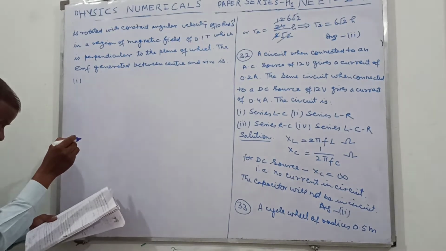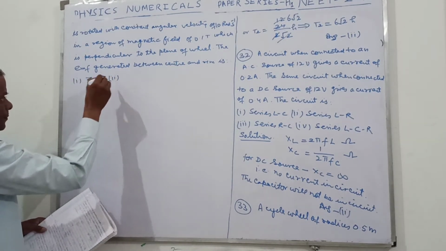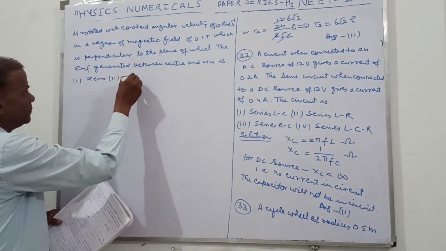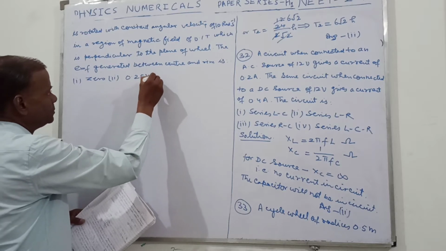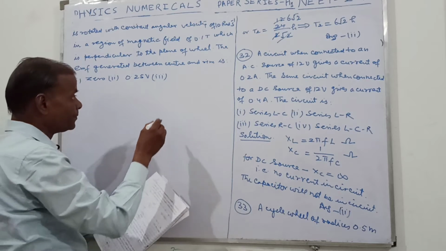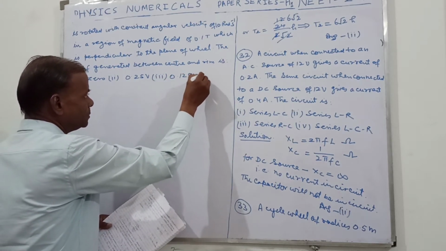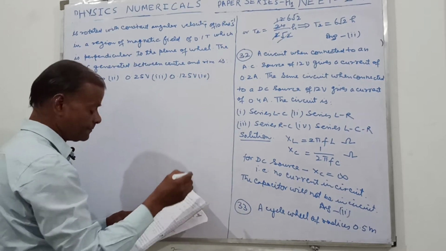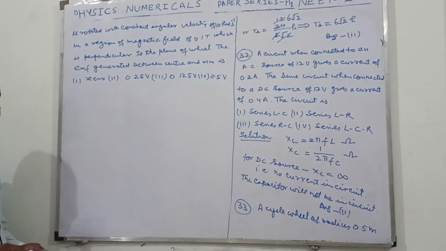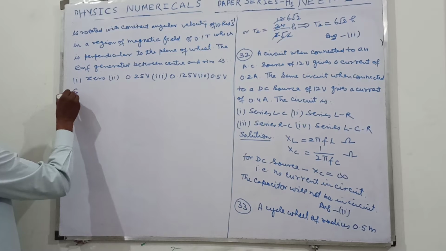First option is 0. Second option is 0.25 volt. And third option is 0.125 volt. And fourth option is 0.5 volt. These are the options. Now solution to this question.